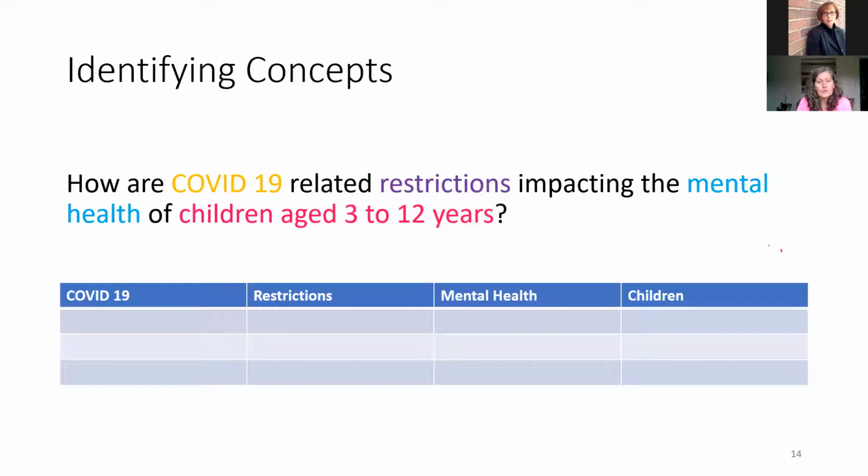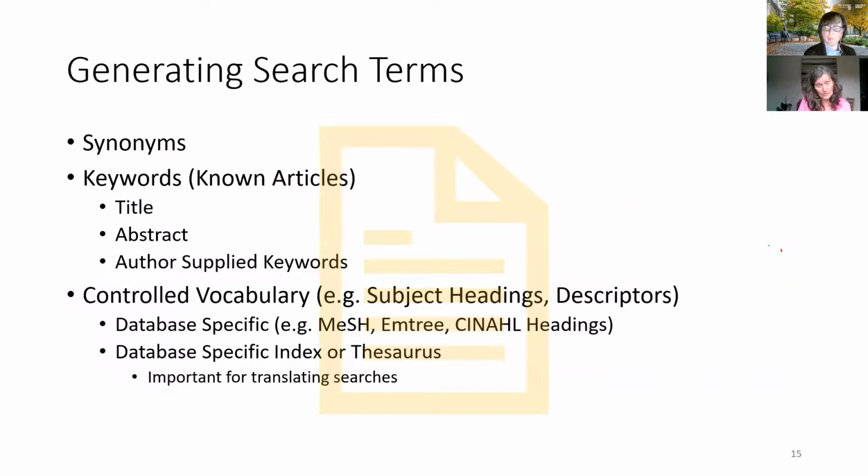So for example, here's our categories: COVID, the restrictions. So this is the intervention part of it. The mental health, and the children. So we could do this search and we would get some answers, but what we want to do is spend some time recognizing and identifying all of the subtext, all of the synonyms, and other related information that's buried under these categories, right?